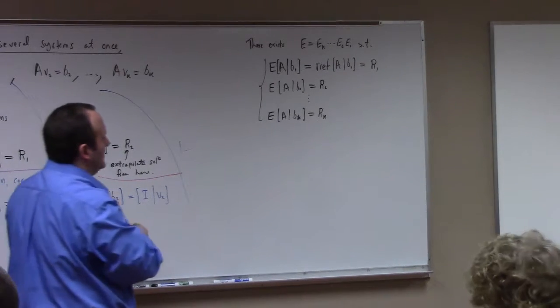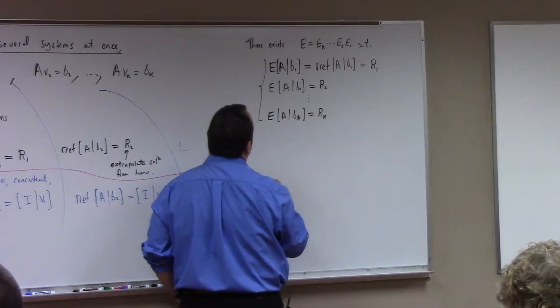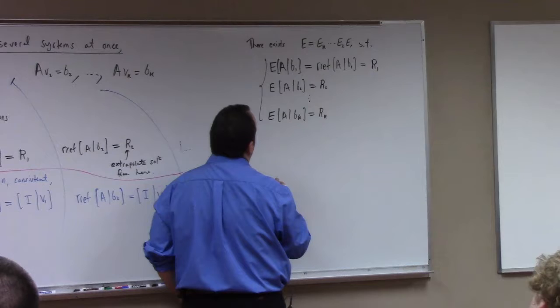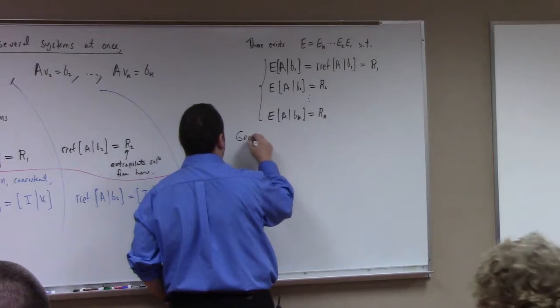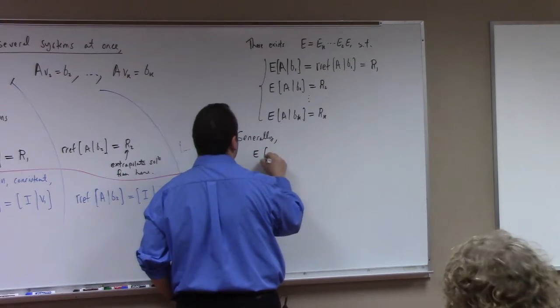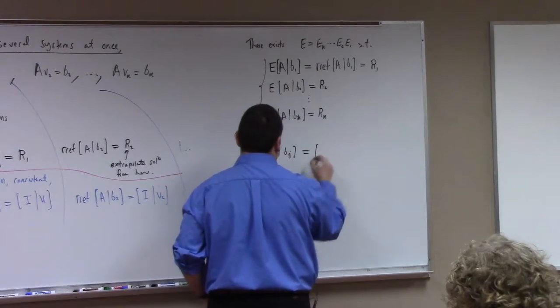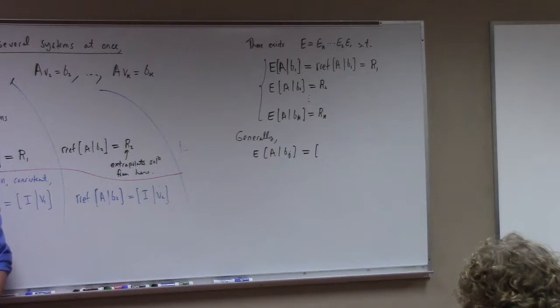Okay, so generally speaking, if you look at the jth one of these, E, A, B, J, what does the column by column matrix multiplication say?